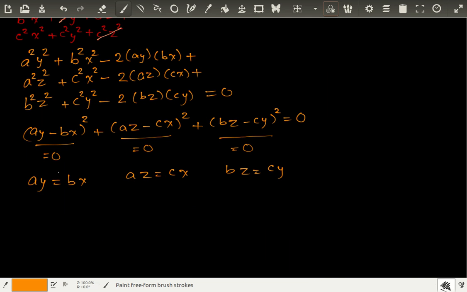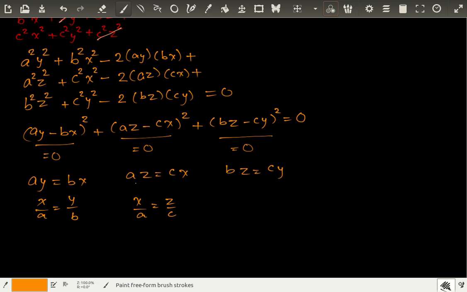We can find x/a from here. This implies that x/a = y/b. We have taken b this side in the denominator and a this side in the denominator. From this over here we get x/a = z/c.